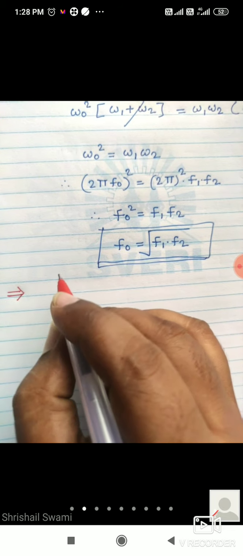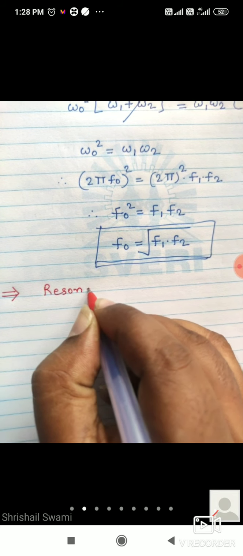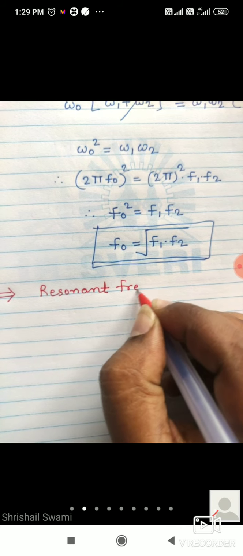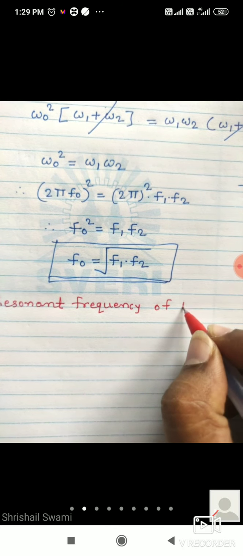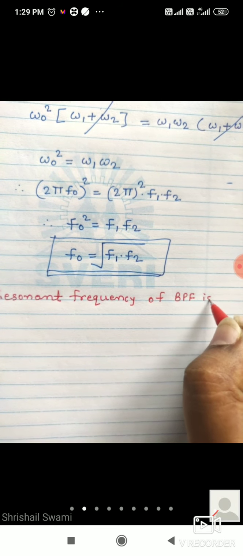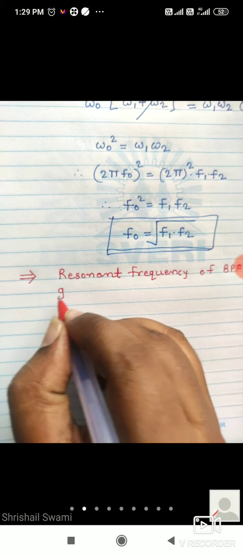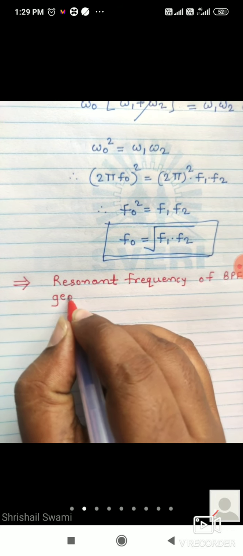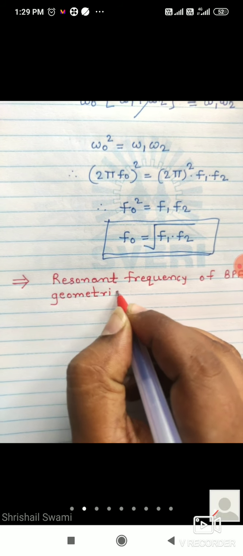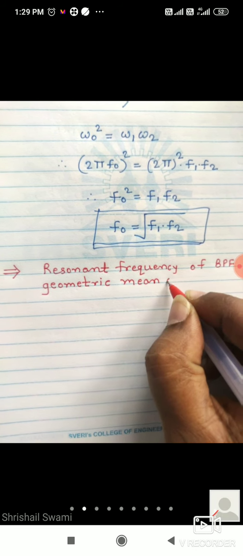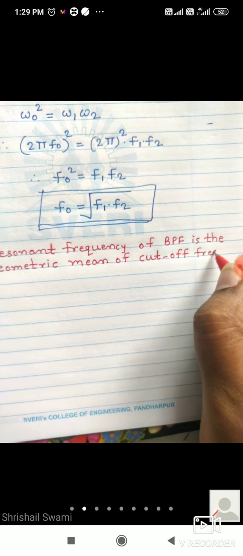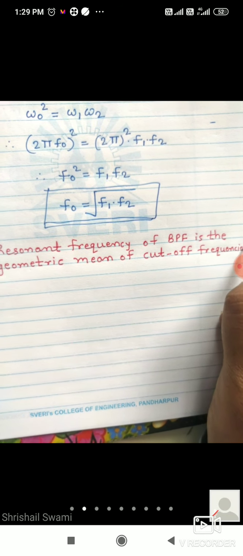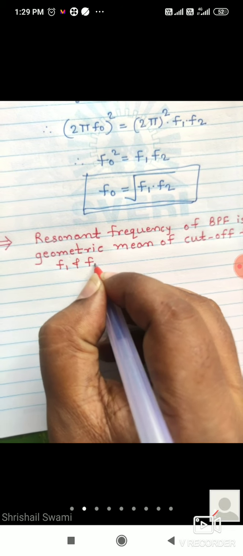So the final conclusion is that the resonant frequency of the band pass filter is under root F1 into F2, that is the geometric mean of cutoff frequencies F1 and F2.